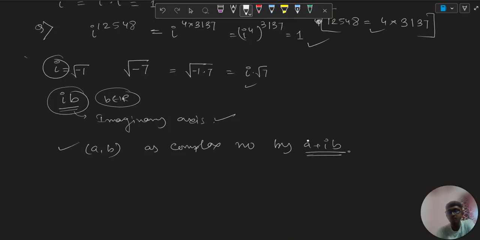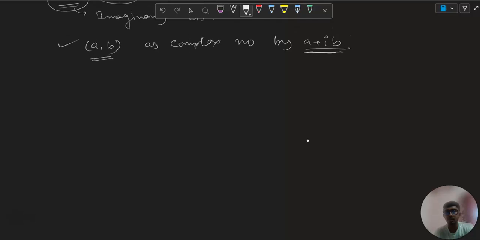Now, how can we represent this a plus i b graphically? How do we put this ordered pair a comma b graphically? It will be the same. We can represent a plus iota b as a point. Suppose this is the real axis and this is the imaginary axis.